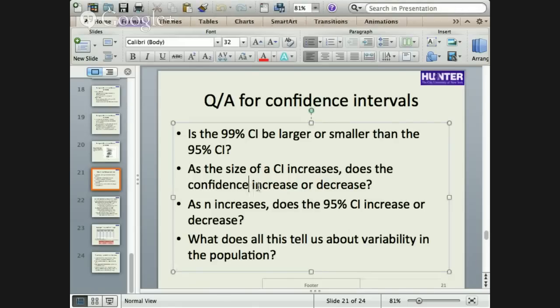Maybe what I should have said, to be more precise, is the confidence level. The confidence level in that estimate, definitely it increases given that nothing else has changed.